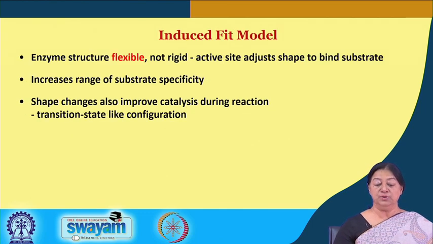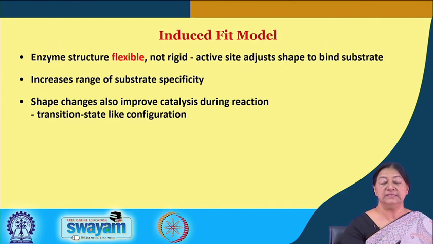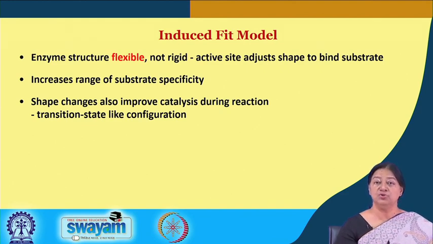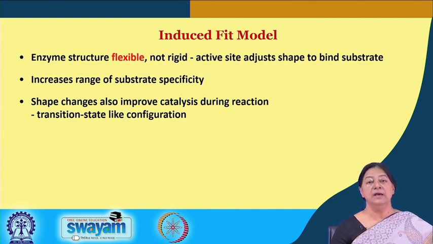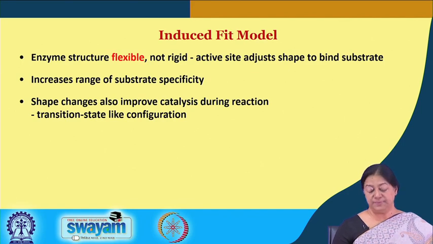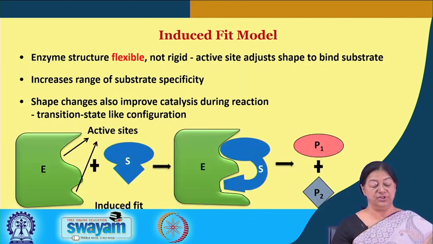If we look at the induced fit model, in this case the enzyme structure is flexible. It is not rigid like in the previous case, and the active site will adjust its shape so that it can bind the substrate in a manner that allows the catalytic reaction to occur. This increases the range of substrate specificity, and there are shape changes that improve the catalysis during the reaction, and specific transition state like configurations occur.